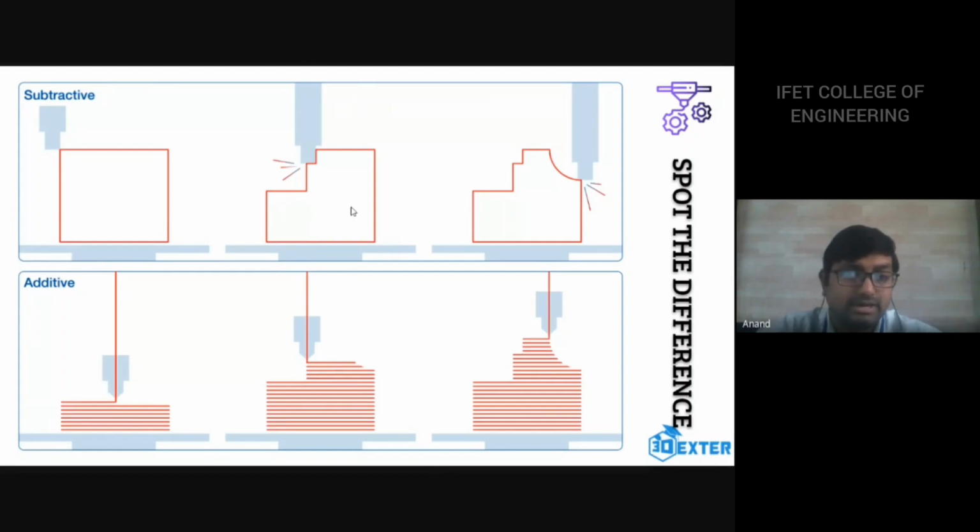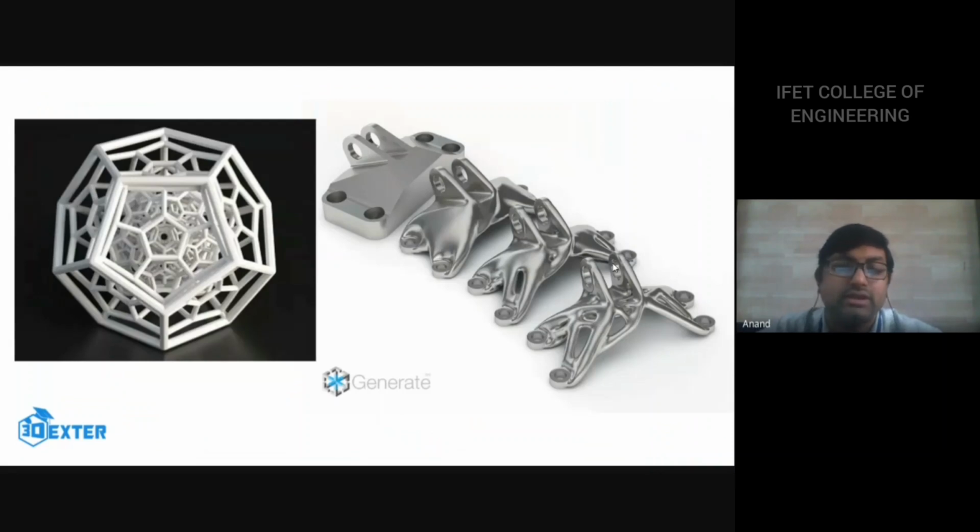If you compare these two images, the material wastage from subtractive manufacturing is very high, but the wastage from additive manufacturing is a lot less compared to subtractive. That is a huge benefit.